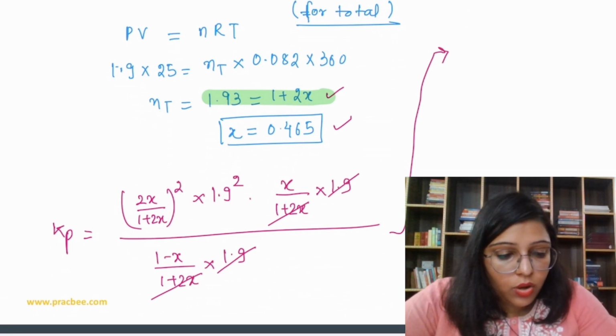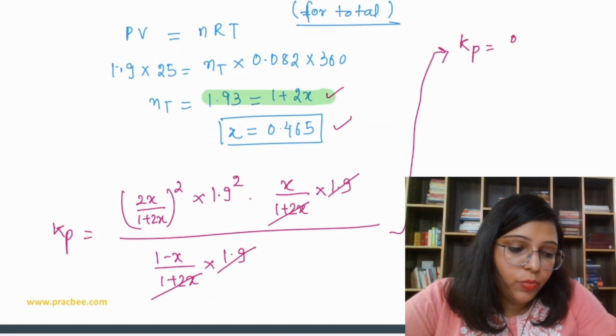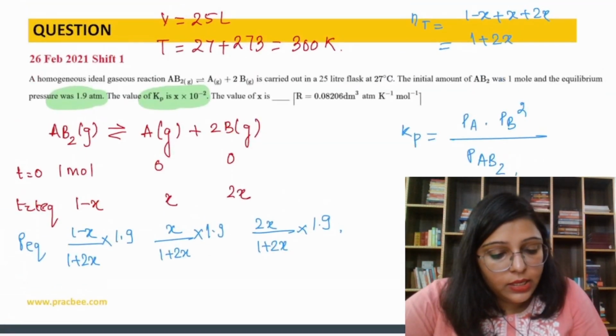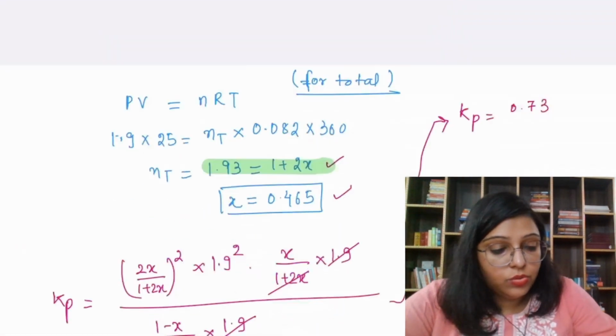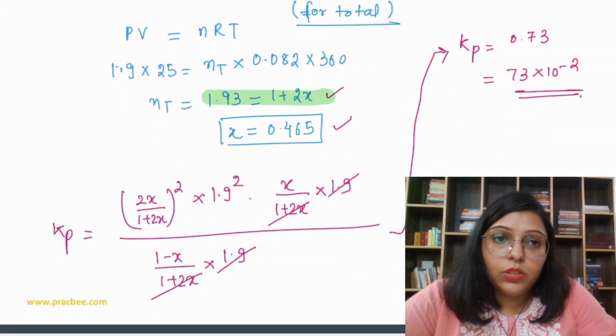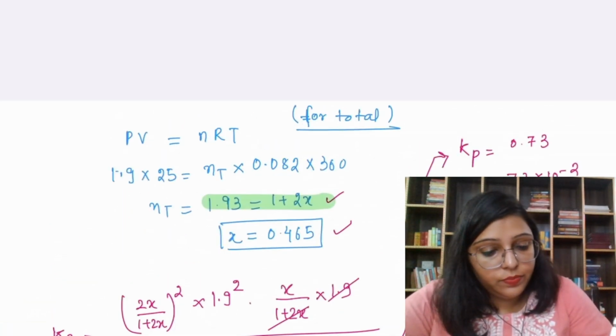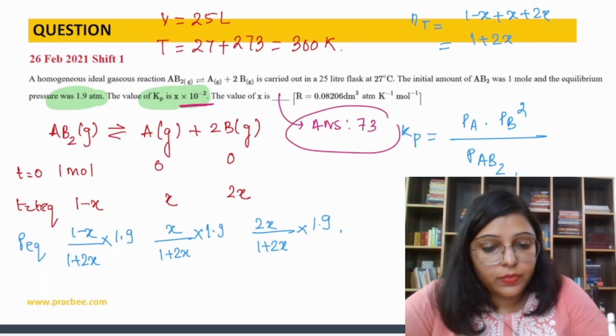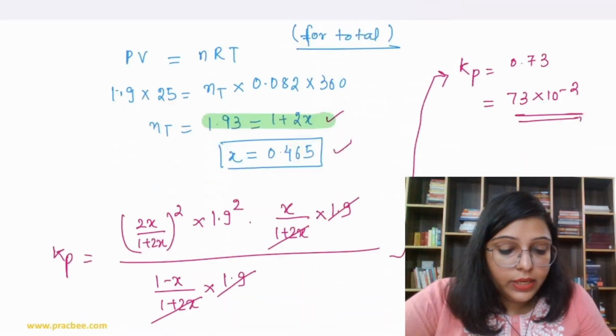So when you solve it, you get Kp is equal to 0.73. Now we have to report the answer in terms of 10 to the power minus 2. So that is going to be 73 into 10 to the power minus 2. So the answer is 73. Okay, now let's do the next question.